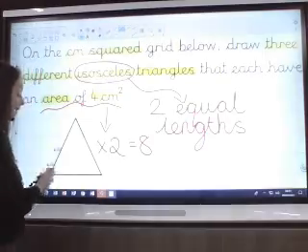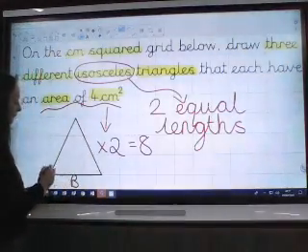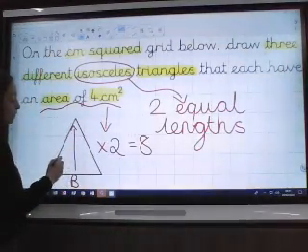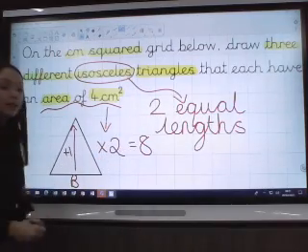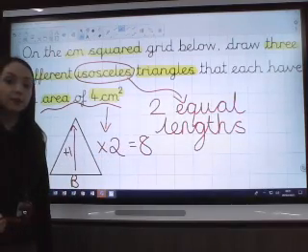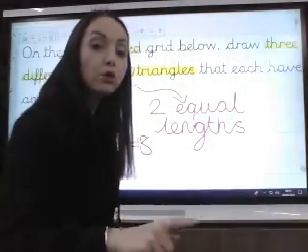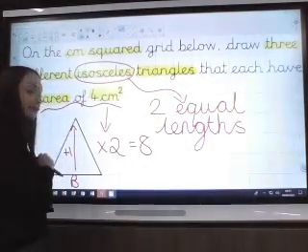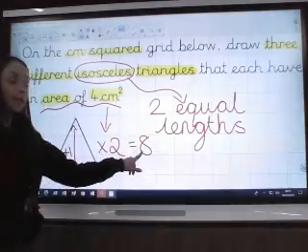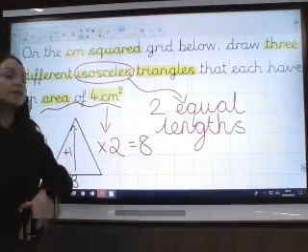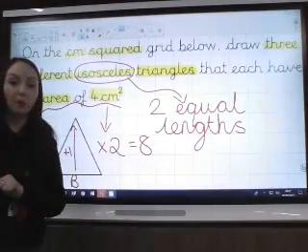So your base and your height have got to multiply together to equal 8. So if you just make sure when you draw your triangle, if you multiply your base and your height, that they multiply together to equal 8. And then you divide it by 2 and your area would be 4.